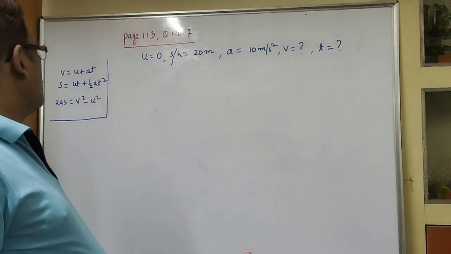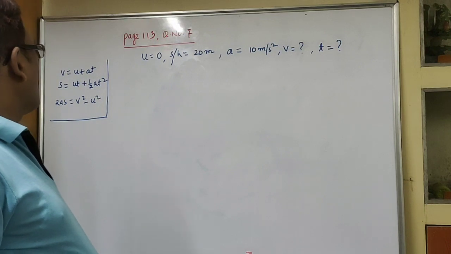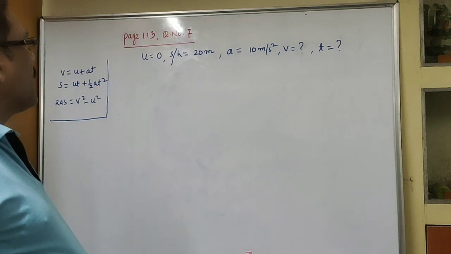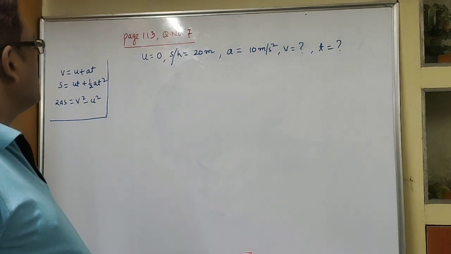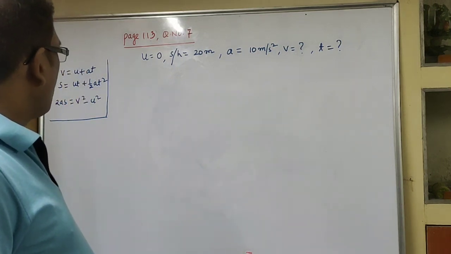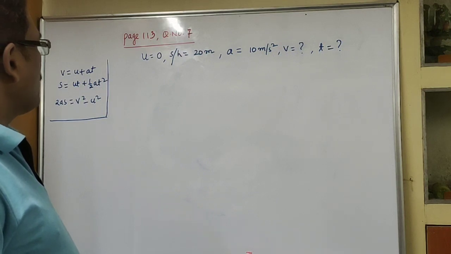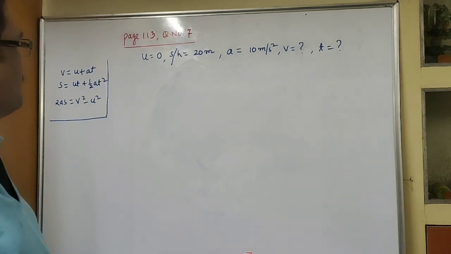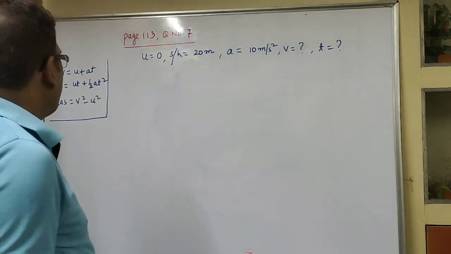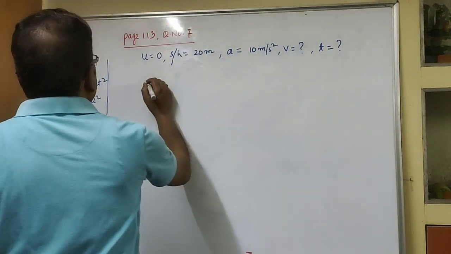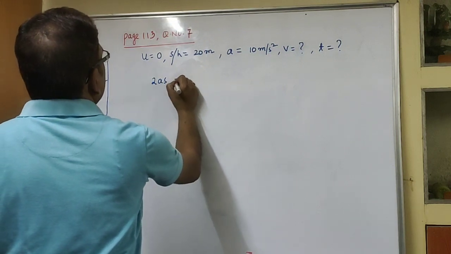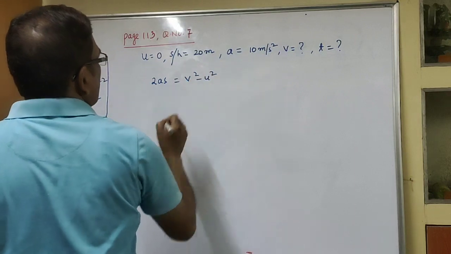So t is not known to us, so how to solve it? First we will calculate velocity, because we have acceleration but not time. So out of these three formulas, which formula will you use to calculate v? Okay, so we are using the third equation of motion. 2as is equal to v square minus u square.